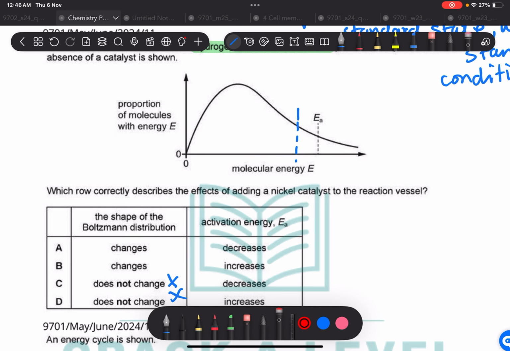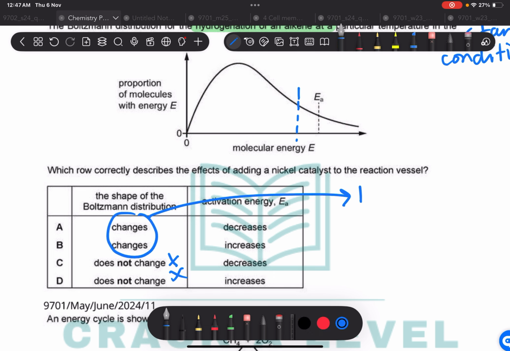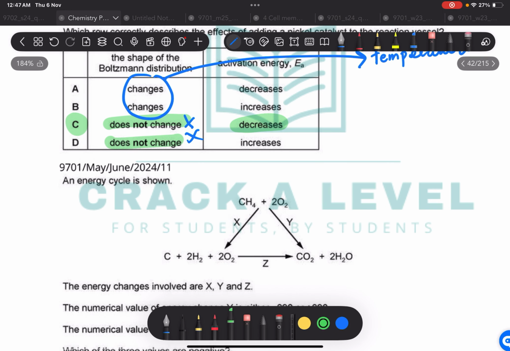What will happen is this activation energy is just going to move backwards and decrease. The shape of the Boltzmann curve is only changed by one thing. What's that one thing? Temperature. If you increase or decrease temperature, it's going to affect the shape of the Boltzmann curve. So now it does not change, and the activation energy is going to decrease because it's going to move backwards, making option C the correct one. I hope you understand it.